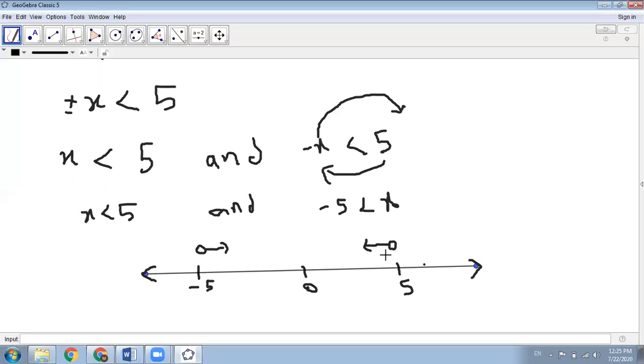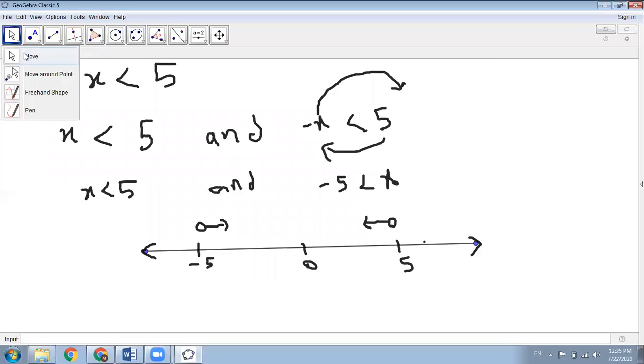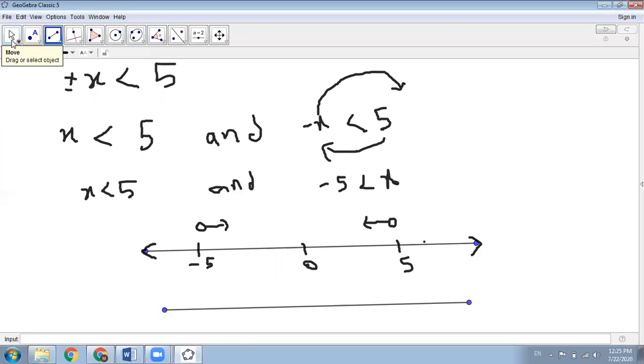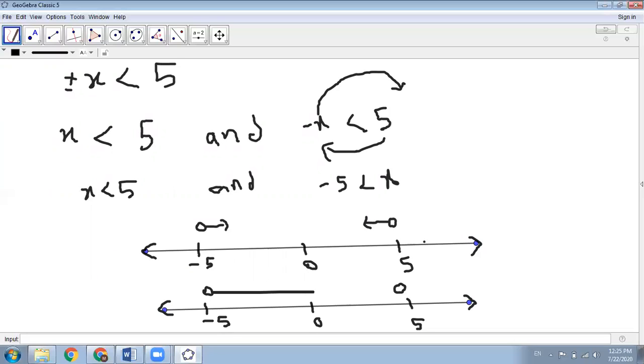or we can draw the number line like this, or we can also draw the number line in a way where we draw the range here, 0 to this range, and join these two, because these two are representing the opposite direction.